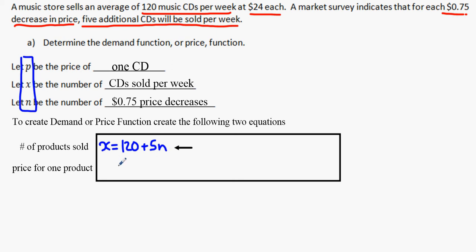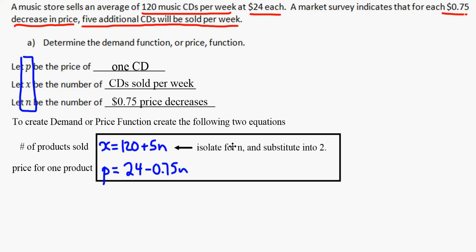And then the price of one product will be this. The price, P, is $24, but we're going to lower the price by 0.75. How many times, Mr. Wills? N times.